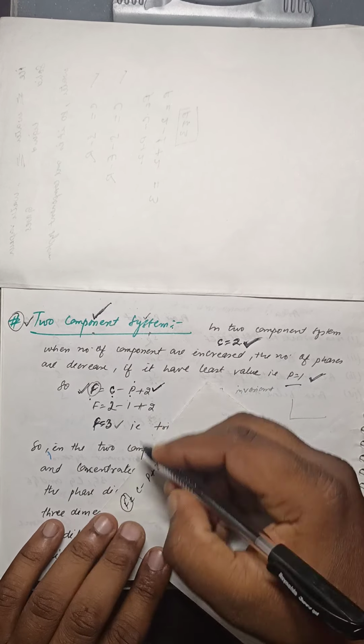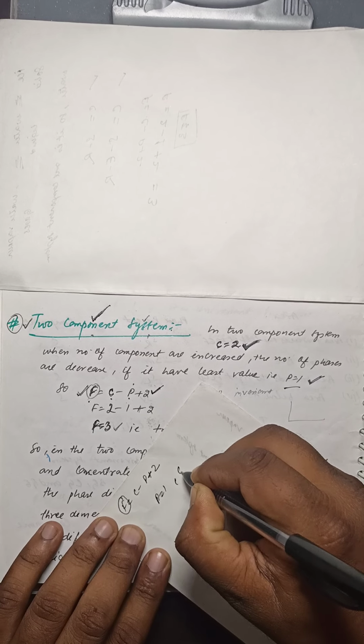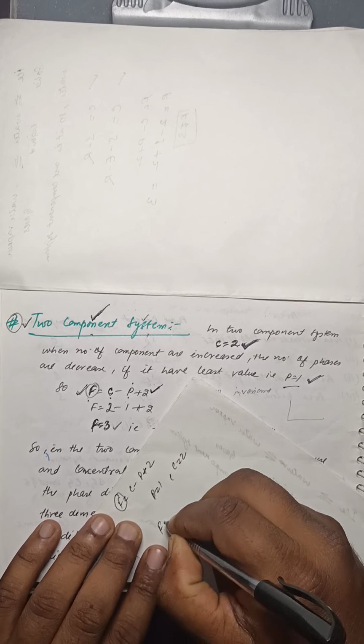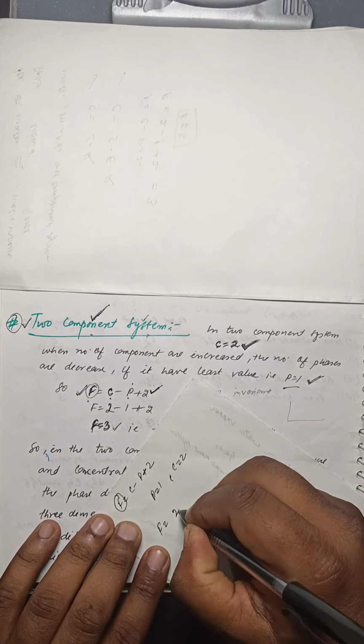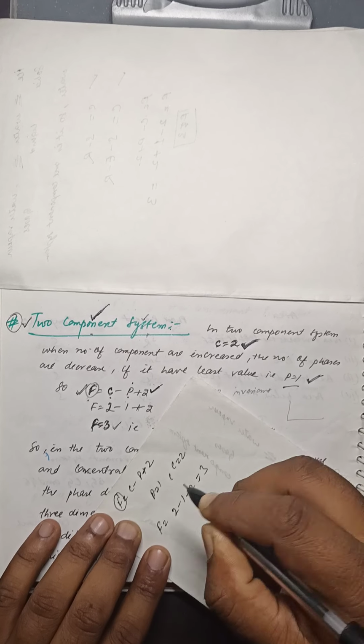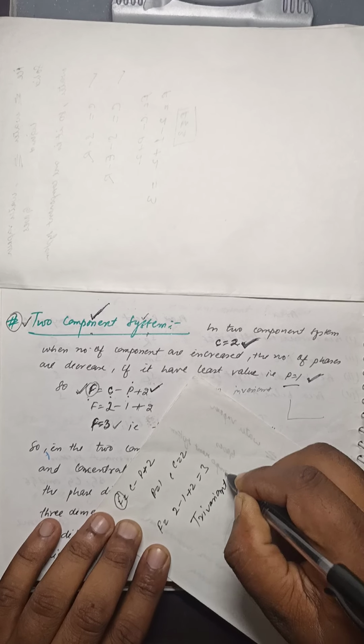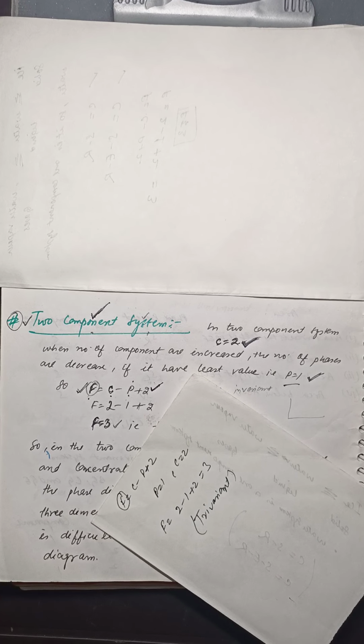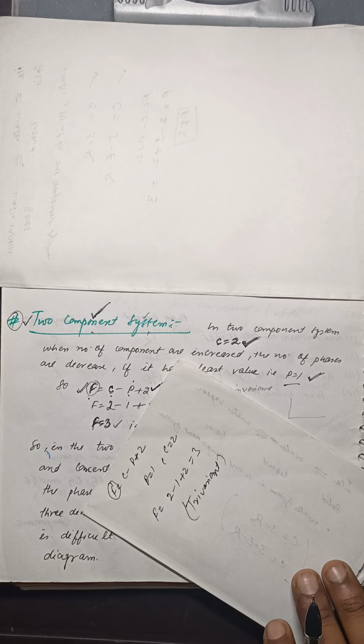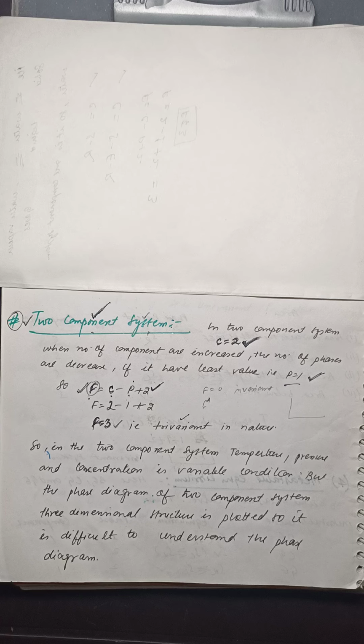By putting P equal to 1 and C equal to 2 in the Gibbs phase rule, F equals 2 minus 1 plus 2, which is equal to 3. So in a two component system, the degree of freedom is 3. So it is trivariant in nature. Temperature, pressure and concentration of the component are all variable.